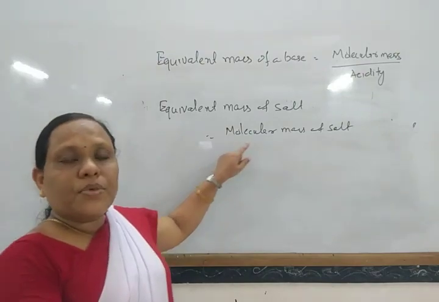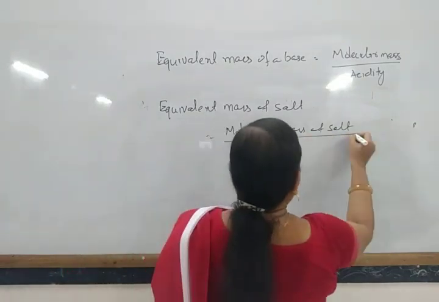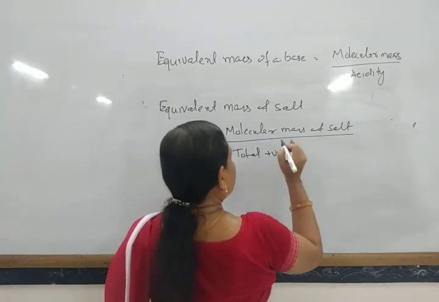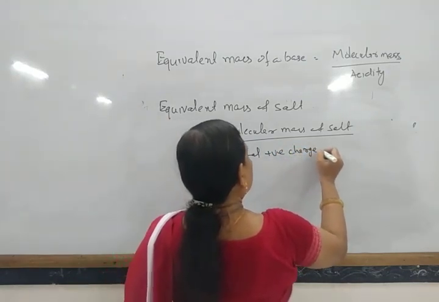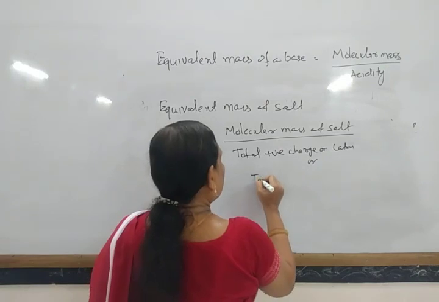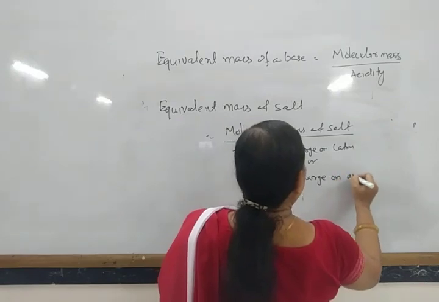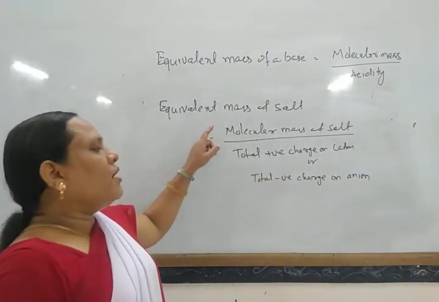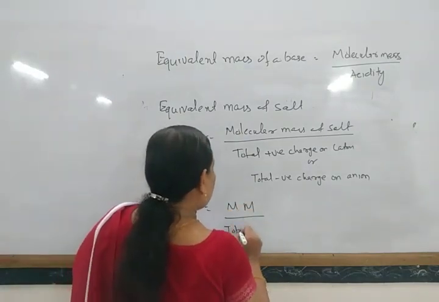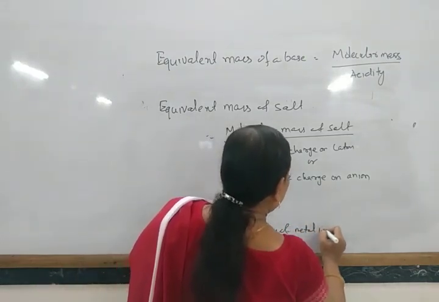Actually, for salt, instead of molecular mass, it is represented as formula mass, divided by total positive charge on cation or total negative charge on anion, or we can say the molecular mass divided by total valency of metal ion.